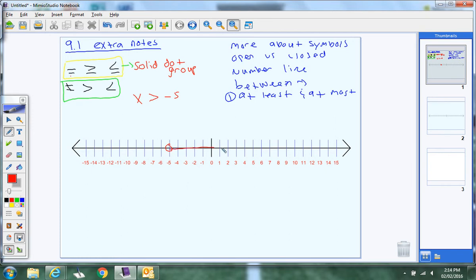So we're going to go this way. Okay, so x is greater than negative 5. All these numbers are bigger than negative 5. 8 is bigger than negative 5, negative 3 is bigger than negative 5, etc. Again, it's the open dot still. Okay, and then the last one, x less than negative 5. Okay, so we go negative 5. Again, it can't be negative 5, it's open dot, and we're going to the left. So this we can call our open dot group.